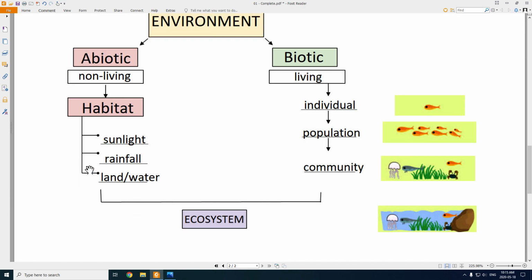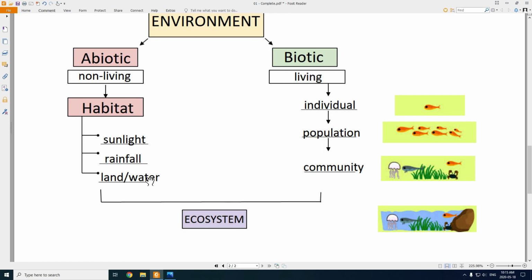And then if we put everything together, if we put the habitat, the abiotic factors, and the living things together, so in this case now they're including the water and the land that this lake is in, we would call this an ecosystem.